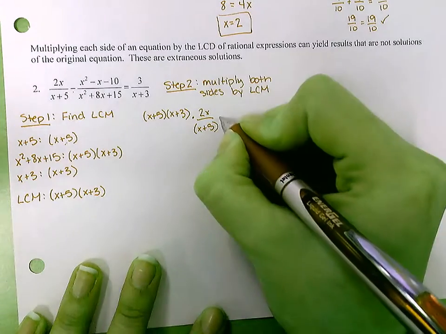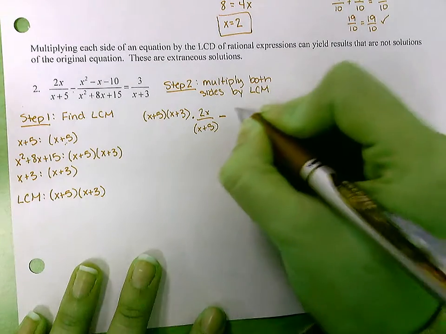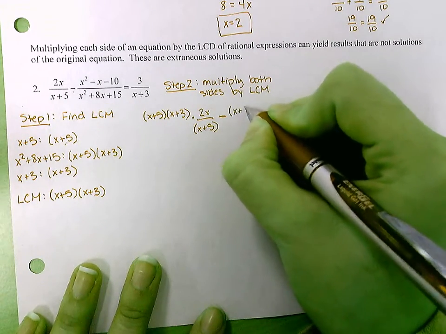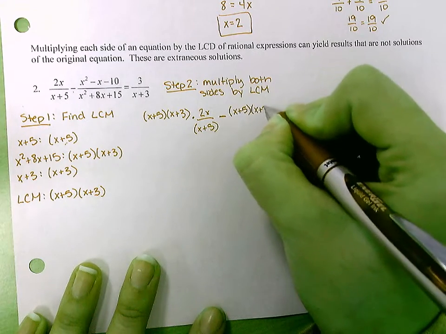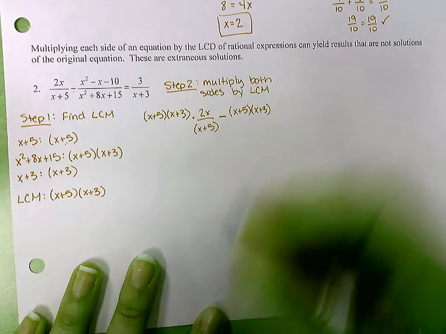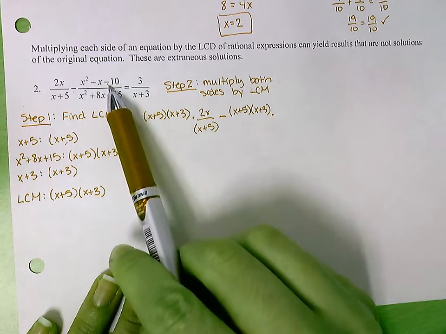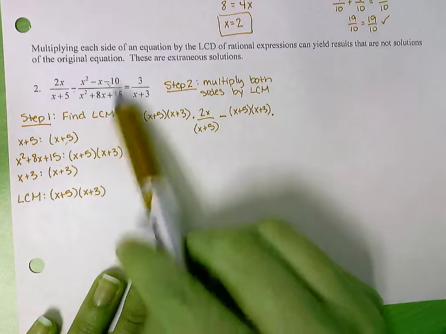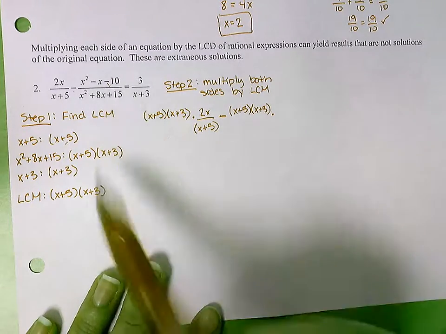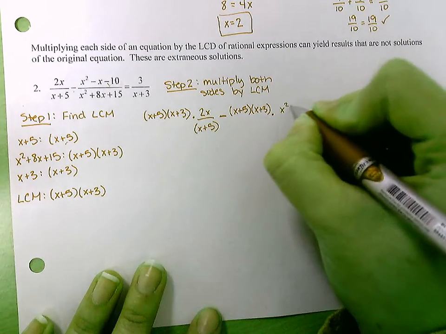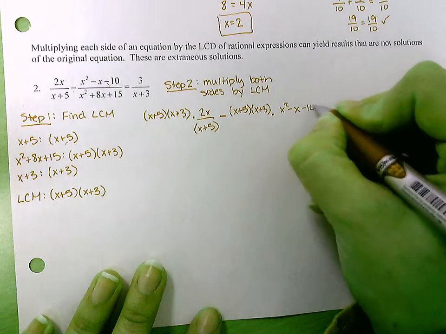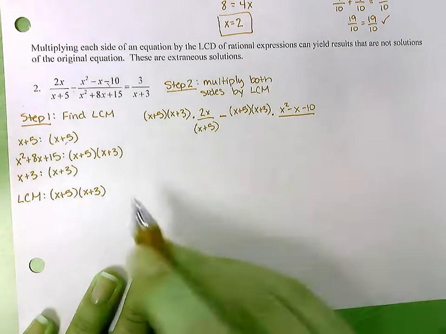We're subtracting. Again, I need that LCM. So x plus 5 times x plus 3. Okay, we're multiplying by this fraction. Okay, so I'm just going to rewrite this as x squared minus x minus 10. Okay, that's over.